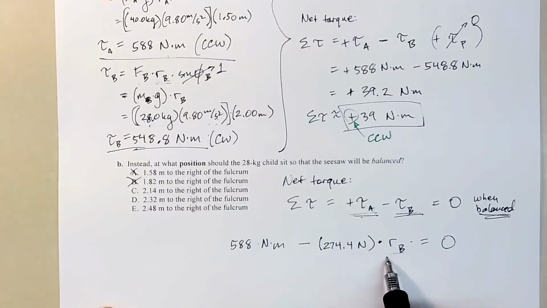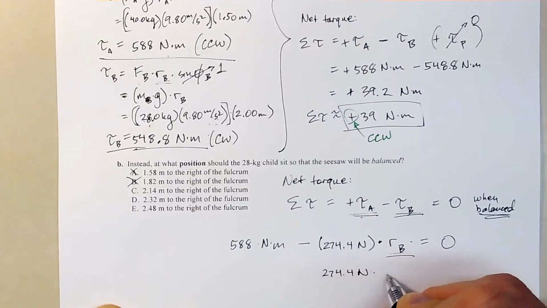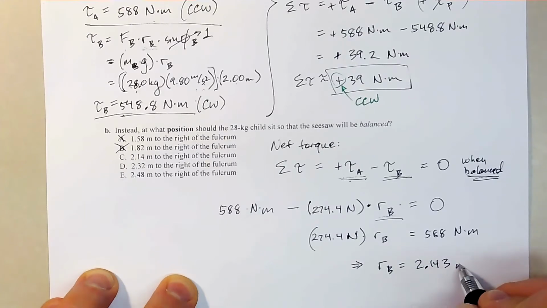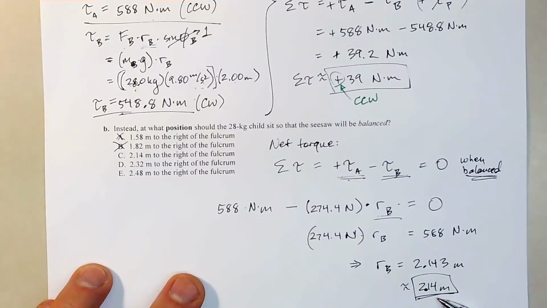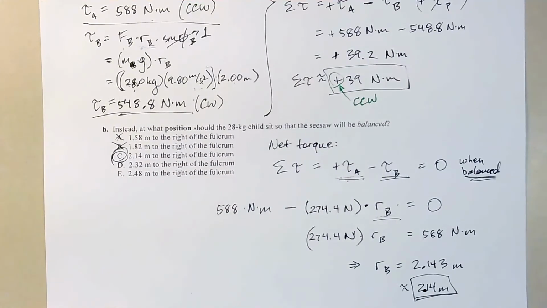Now we can solve for RB. It looks like child B needs to be 2.14 meters away from the fulcrum instead of 2.0 meters away from the fulcrum, and then that'll balance the system.